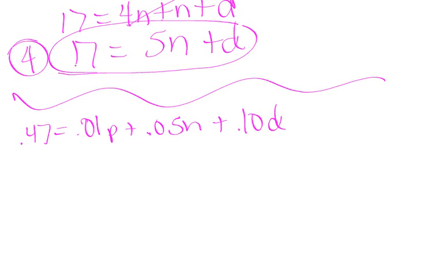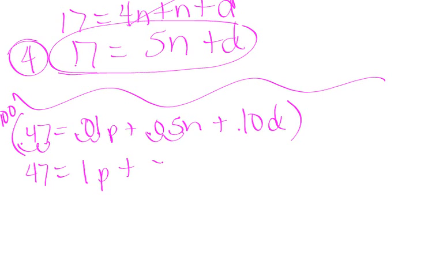And we want to clear all these decimals, so I'm going to multiply everything, because it's 2 decimal places, by 100. So that clears this up. So this becomes 47 equals 1p plus 5n plus 10d. Now I've cleared all those decimals for equation 2.